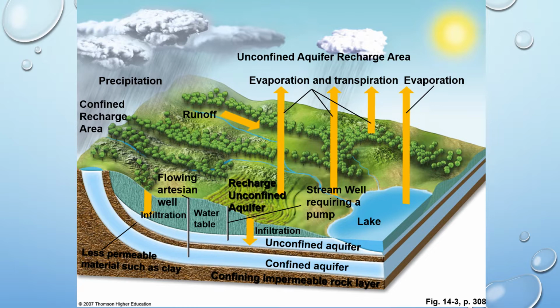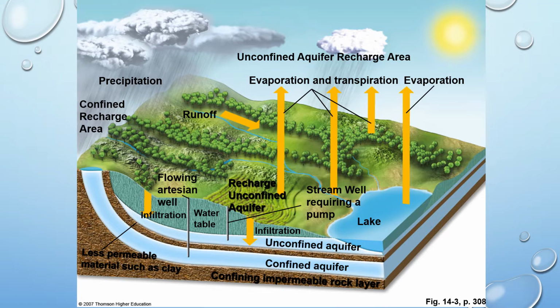Your unconfined aquifers are easily renewable and can be replenished naturally by precipitation or through lateral recharge from nearby streams. But the non-renewable aquifers are usually so deep underground, and because of the impermeable layers surrounding them, they get very little, if any, recharge and must be drawn from limitedly, sparingly.